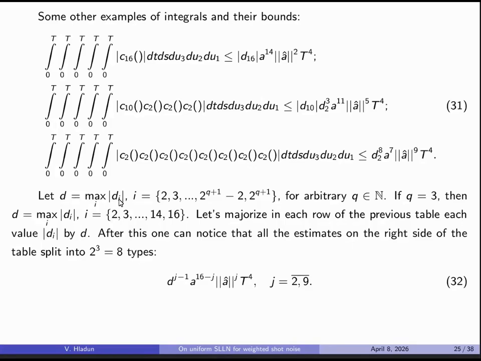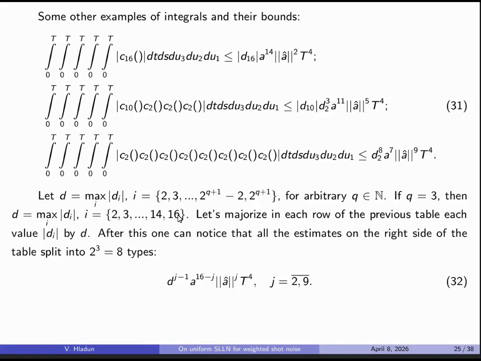Let us put d equals the maximum value of the absolute value of cumulants di, where i belongs to this set, for arbitrary q in N. If q equals 3, then d equals the maximum of the absolute value of di, where i belongs to the set 2, 3, up to 14 and 16.